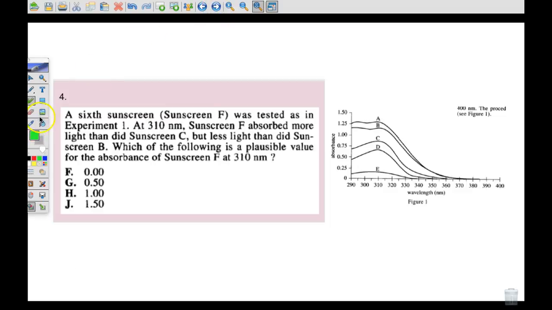In question number 4, we are taking the experiment that we already know and adding a new piece of information. And it says a 6th sunscreen was tested in experiment 1. So I'm going back to figure 1.